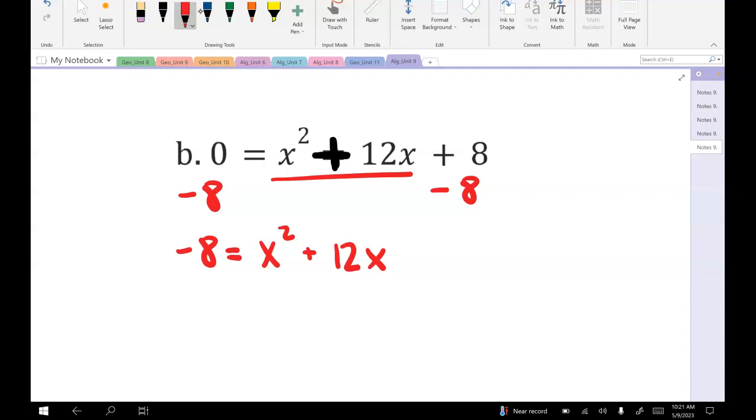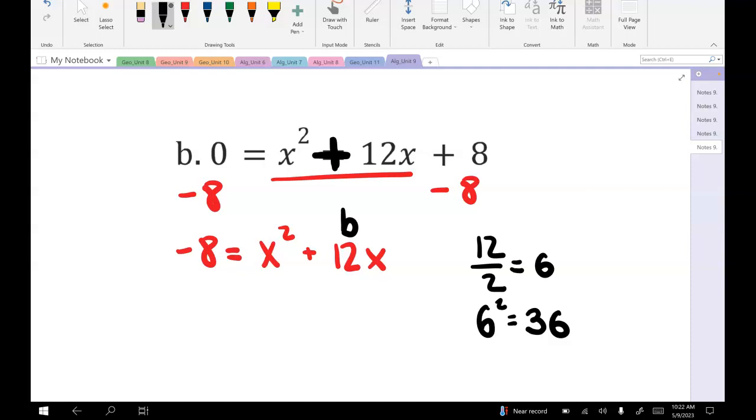So now we'll go through all our same steps. We've got to complete the square. So our b term here is 12. So take 12 divided by 2, which is 6. Then we have to square 6. So 6 squared, or 6 times 6, is 36. We're always making a perfect square.